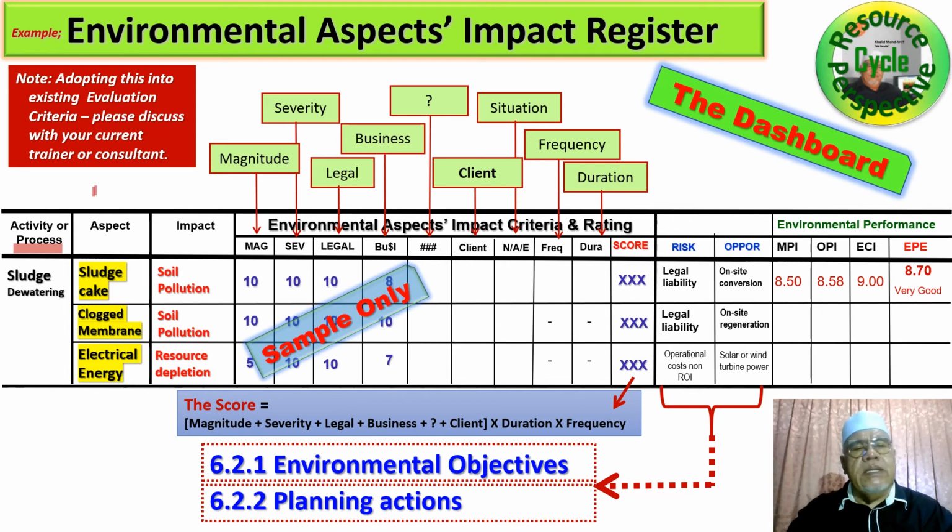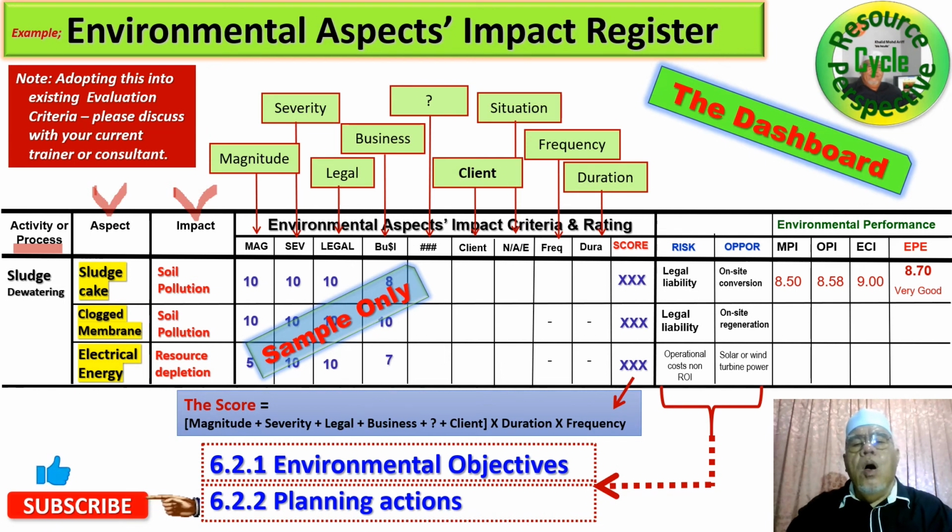We got to list it down, and made visible in a manner that we are able to look at it and see what are the more urgent environmental aspects and which are more severe in terms of magnitude of impact associated to each aspect, and severity and legal. These are all evaluation criteria.